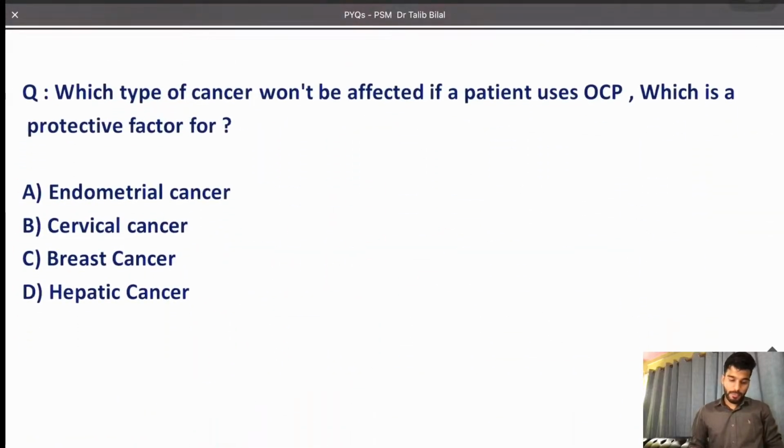Chalo, next question. Which type of cancer won't be affected, or which is a protective factor, in a patient using OCP? OCPs decrease which cancer risk?